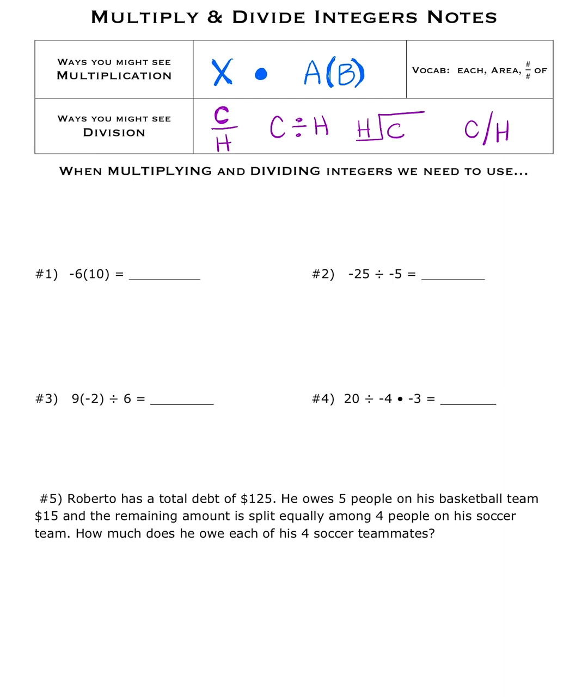So what is the rule for multiplying and dividing integers? Well, when we're multiplying and dividing, we need to use integer man. So hopefully you remember integer man from last year. Again, we only use him when multiplying and dividing, okay? So make sure you're only using integer man when multiplying and dividing.